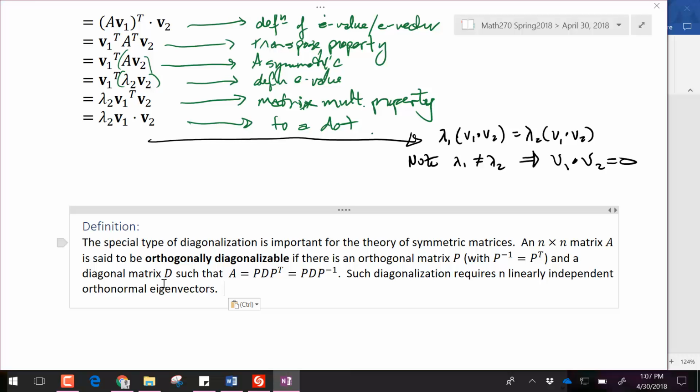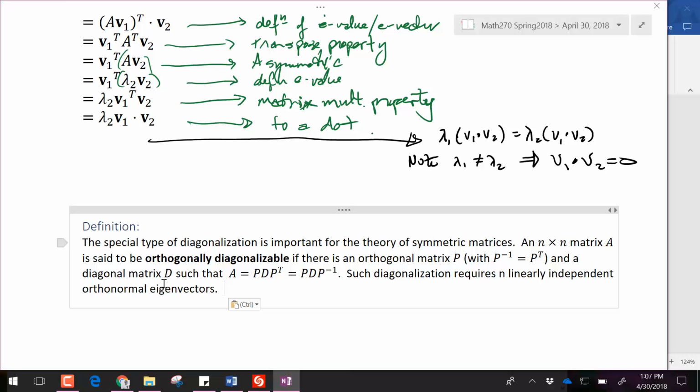So a special type of diagonalization is if you have an n by n matrix, it's said to be orthogonally diagonalizable if an orthogonal matrix P and a diagonal matrix D can be paired together so that PDP inverse is the same thing as PDP transpose, since the matrix P is supposed to be orthogonal.